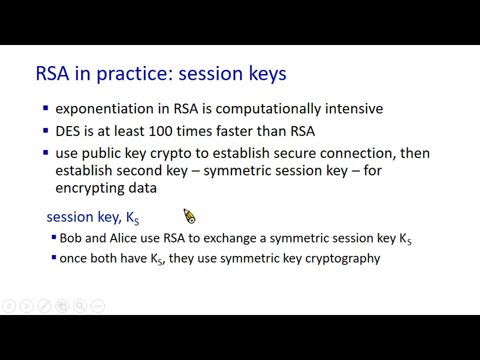The session key is a key S. Bob and Alice use RSA to exchange the symmetric session key S. Once both of them have key S, they use symmetric key cryptography.